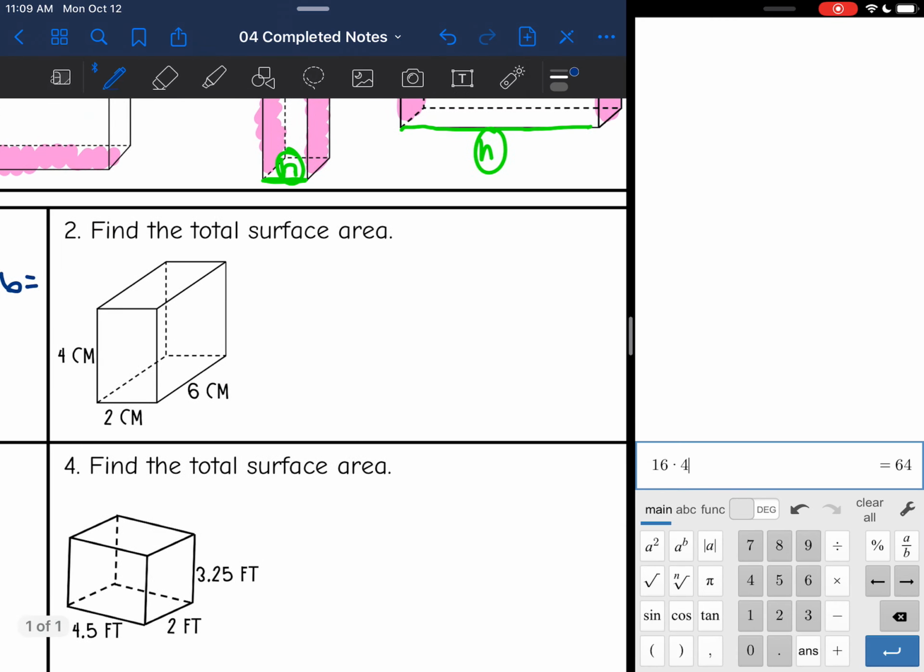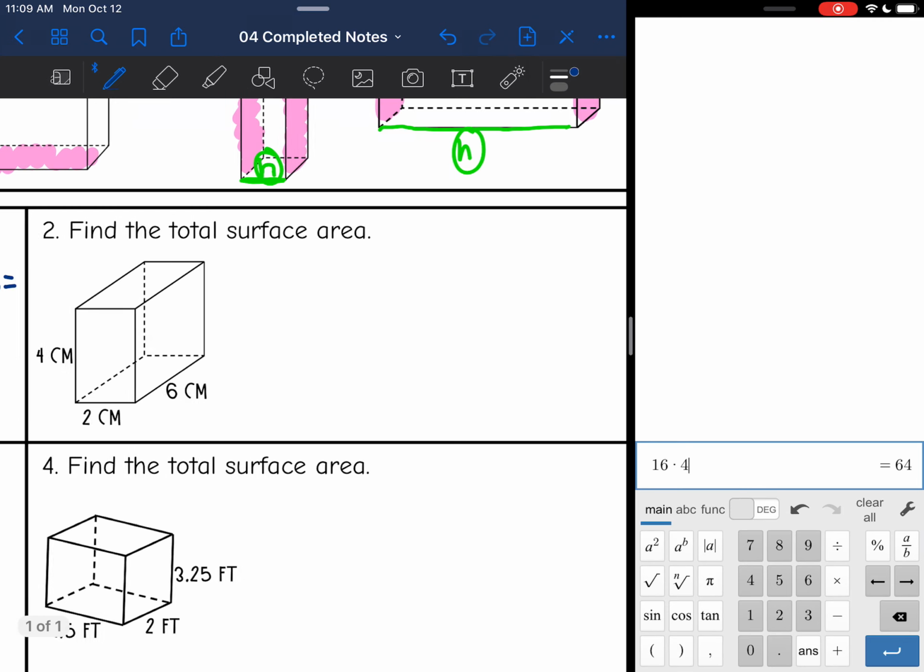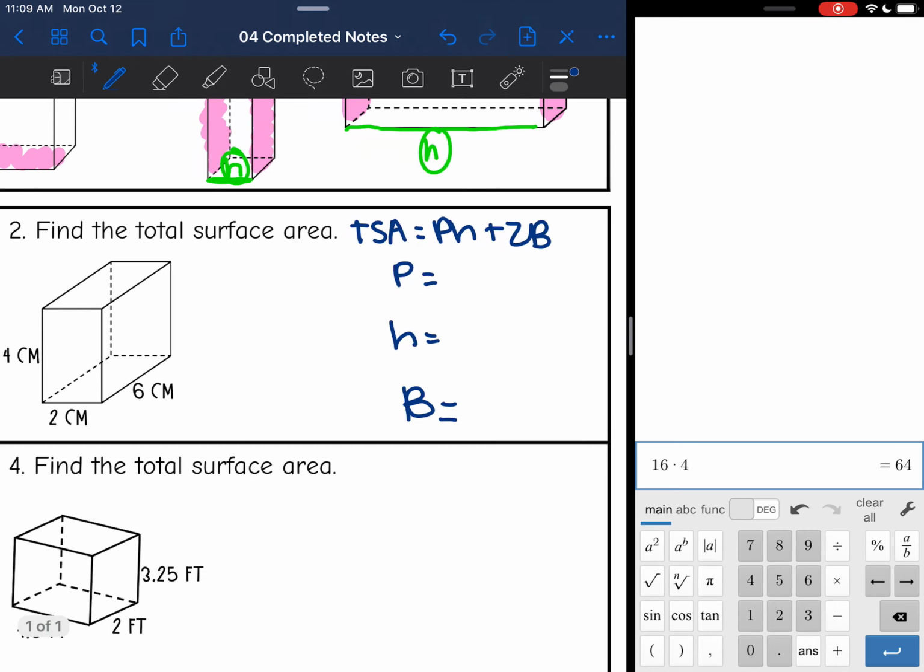Okay, this next one is the same shape, but I'm finding the total surface area this time. So I will use the formula pH plus 2B. So I'll still need the perimeter, I'll still need the height, but I'll also have to find the area of the base this time. So let's do the same thing.